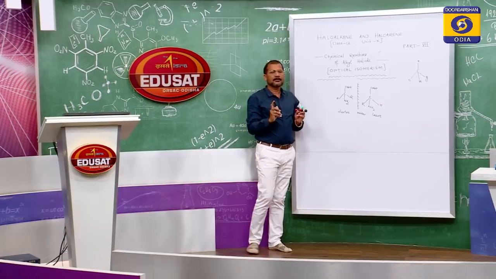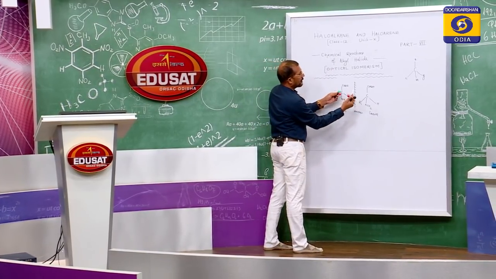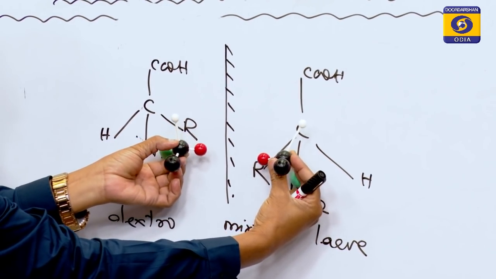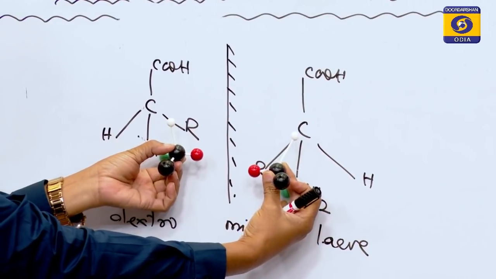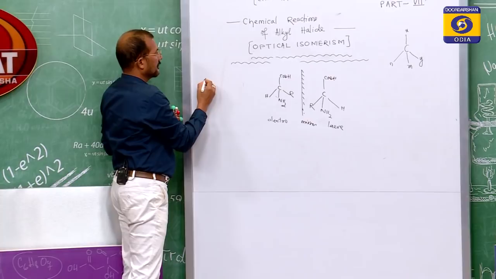This will be a very interesting one, because these two molecules are mirror images of each other. Suppose this is the mirror, these are the images actually, and they produce a non-superimposable mirror image.